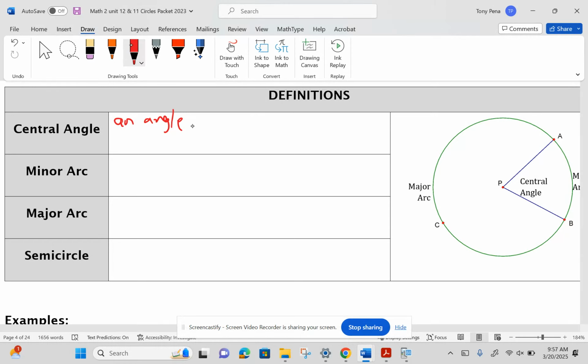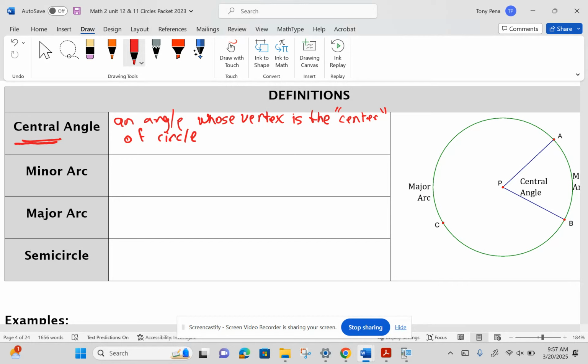Okay, it's an angle whose vertex is V, and then notice what this is called, a central angle, and it is because the vertex is at the center, hence the word central, of the circle. Okay?